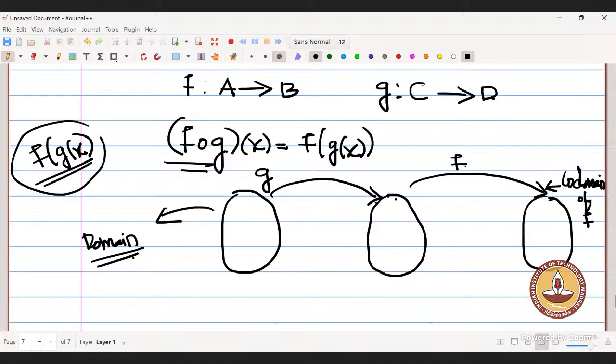So I have to make sure that whatever value g is taking, it's always inside the domain of f.